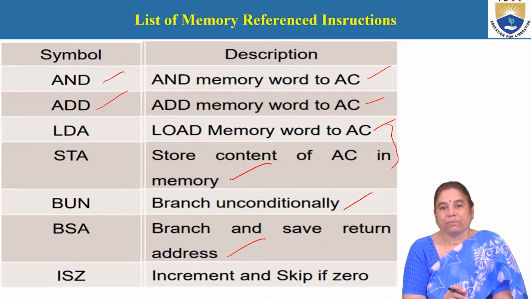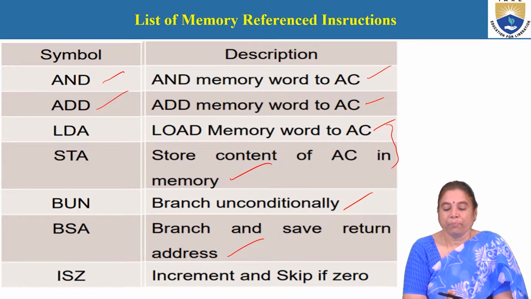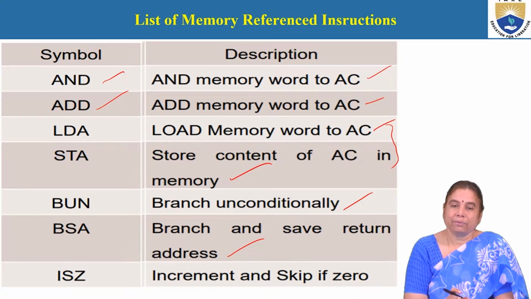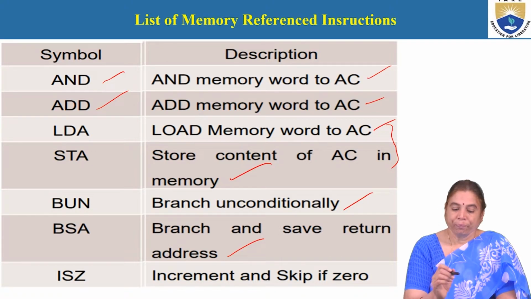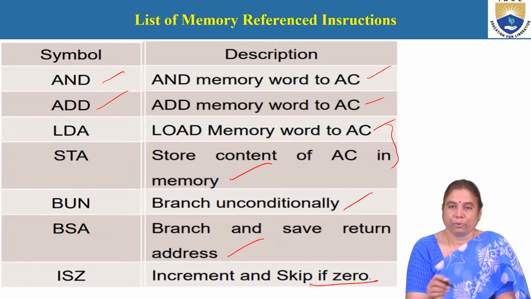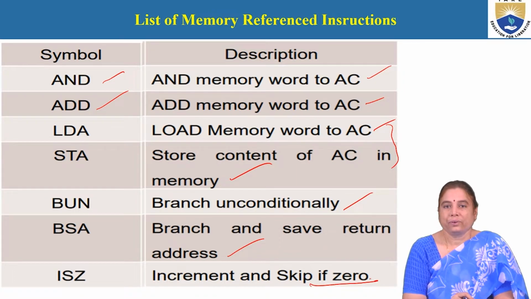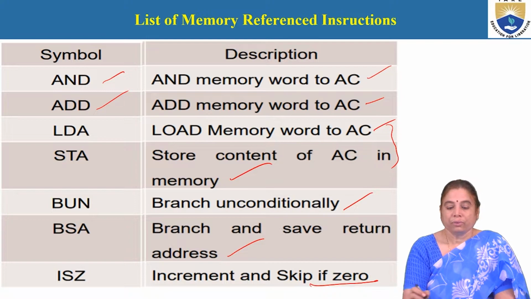The sequence of execution is transferred to the specific label, and the return address, the PC address, is saved in case of BSA. Next, ISZ: increment and skip if 0. The status register flag bit Z is used to test the 0 value. If the 0 bit is on, then increment. So this is called the ISZ mnemonic.